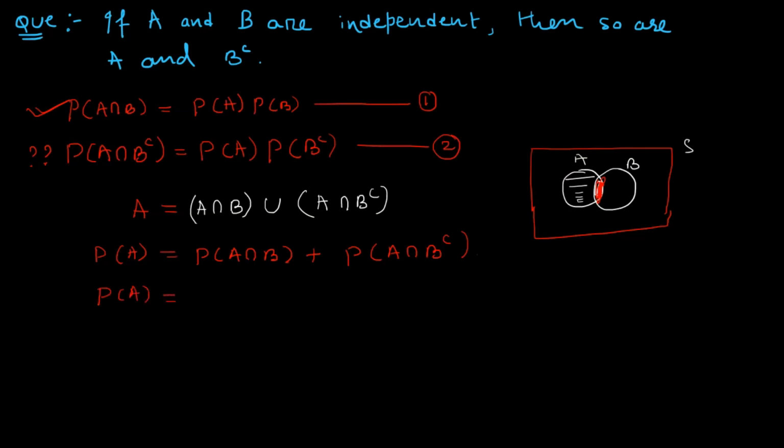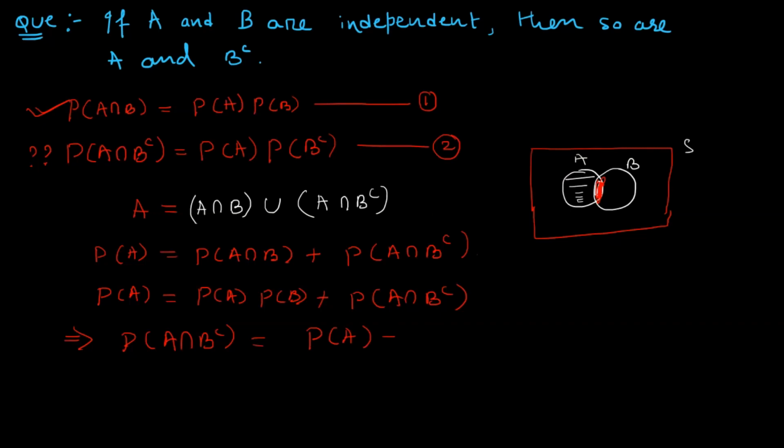Probability of A is nothing but this: probability of A intersection B is P(A)P(B), and then on the right hand side, probability of A intersection B complement. So make it familiar: probability of A minus probability of A into probability of B. This is nothing but probability of A multiplied with 1 minus probability of B. What is 1 minus probability of B?